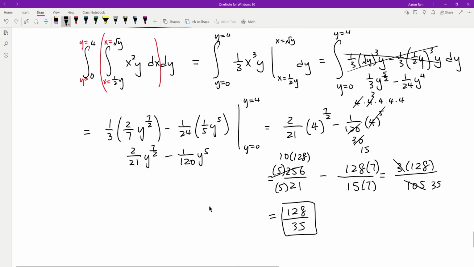Lucky for you guys, I don't really intend to make you do a triple integral or higher where you have to rewrite the integral in a different order, because that will require you to visually see how all the limits work out. So it's actually hard to do, but do expect that you will need to do that with a double integral, where I might ask you to rewrite the integral using a different order and see how that goes. So be mindful of that.